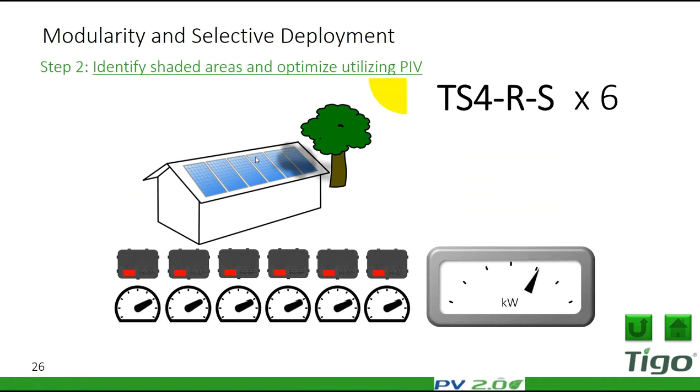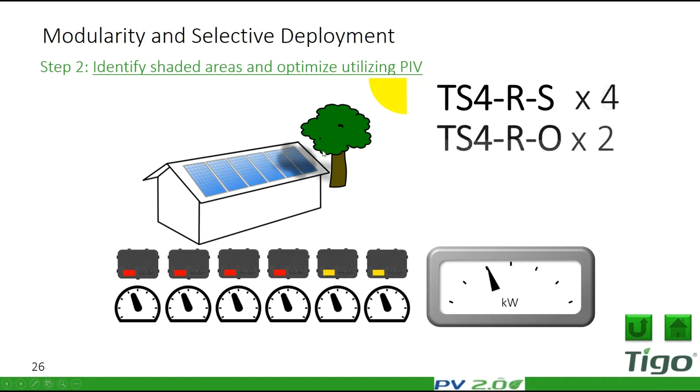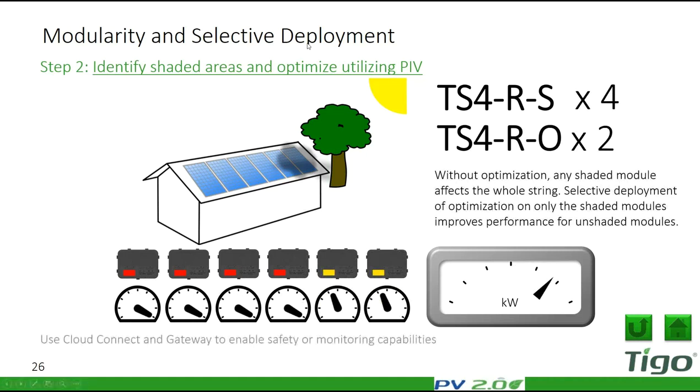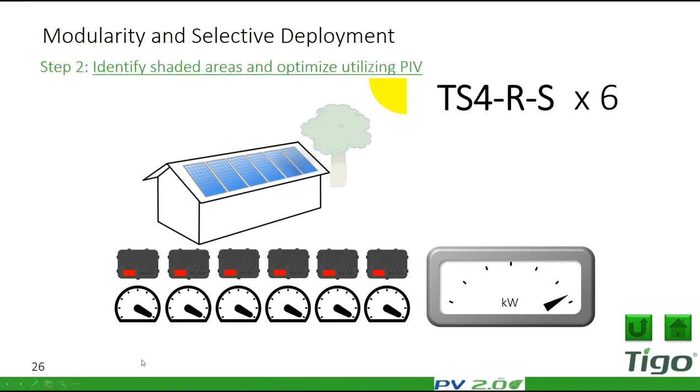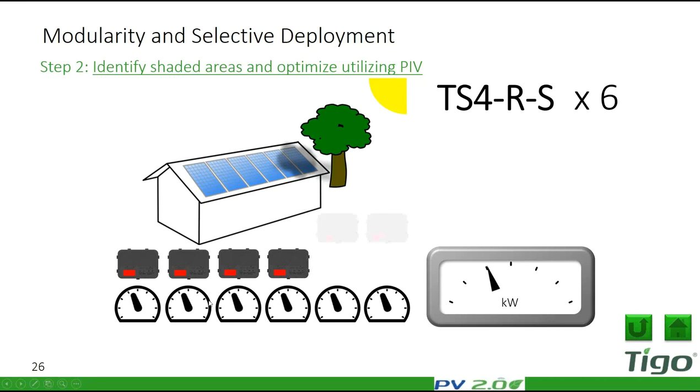Next step is I need to identify the shaded areas. I also have this very nice, let's say, apple tree. It's causing my system to lose energy, which is what you saw at the beginning. Let's do that again because it's really fun. I have my tree, and you can see that the entire production is dropping even though only 2 modules are shaded.